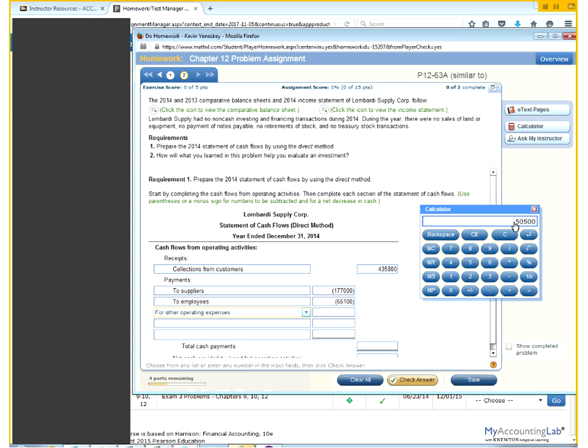And now I need to look at two other items, our last two in the current liabilities and assets. Prepaid expenses is the first one I want to look at. It went down for the year. It went from 32 to 22. So if my prepaid expenses went down, that means I saved a little bit of money. So I'm going to subtract 1,000. And then my other accrued liabilities, they also went down.